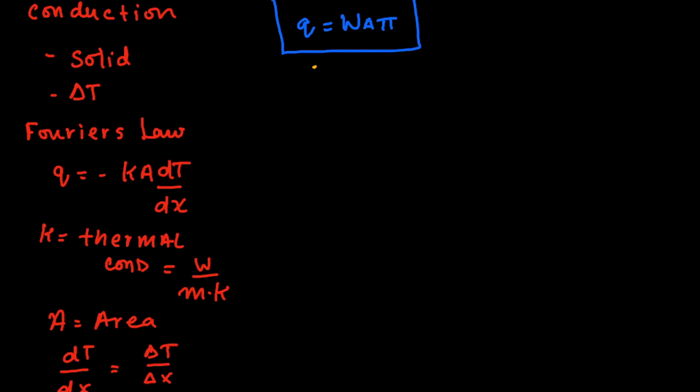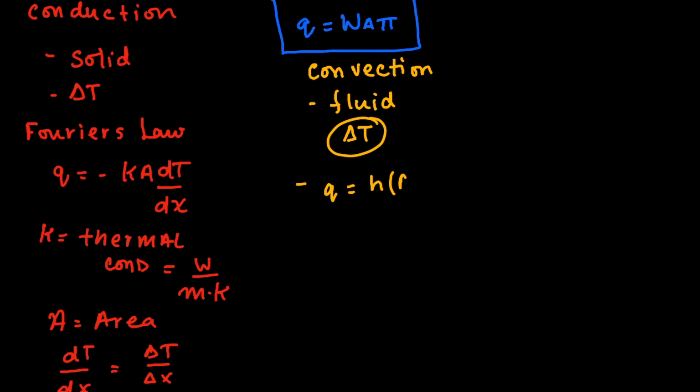Next, let's do convection. Remember, water, air, so it happens through fluid, right? When fluid moves over a solid body, at the same time there needs to be a temperature difference between the fluid that's moving and the solid body. Only then can the heat transfer happen. And this is represented by Newton's law of cooling, where this is h A (Ts minus T infinity).